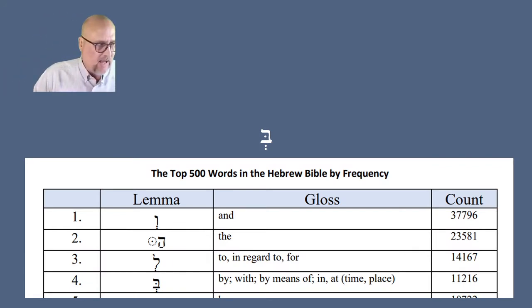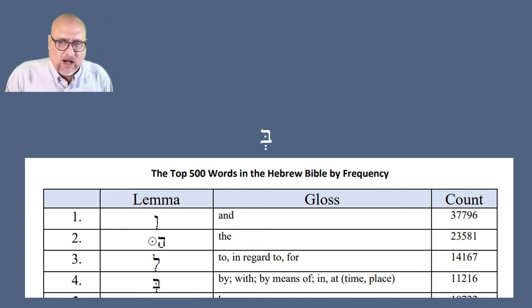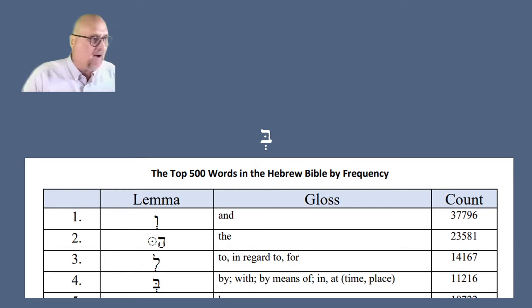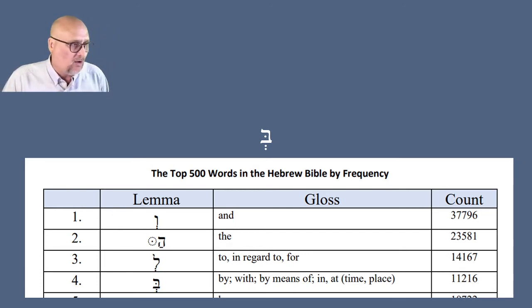So if you just add those four words up, 40,000 plus 20,000 plus 15,000 plus 10,000, that's 85,000 words of the 303,000 in the Hebrew Bible.